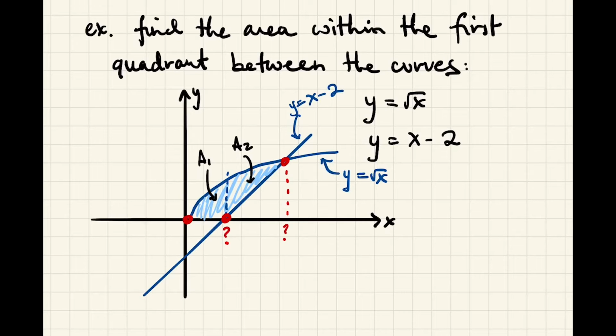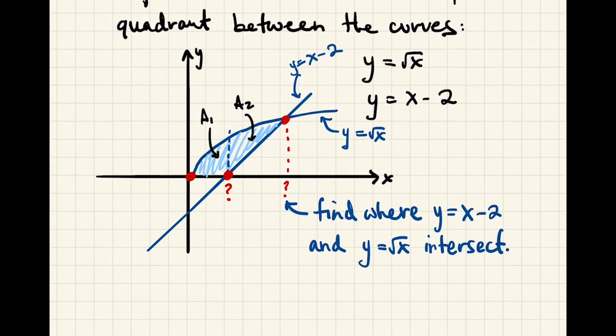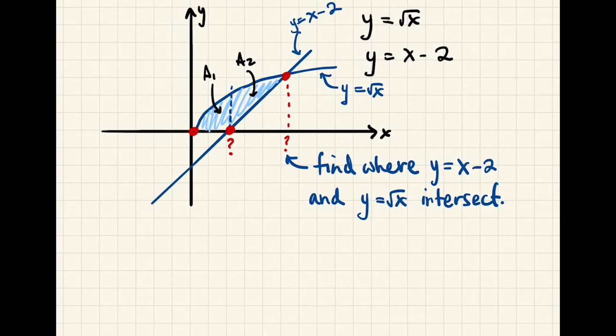All right, so let's start by finding this point right here. That is just the intersection point of the two curves that were given. So we would have x minus 2 is equal to the square root of x. And if we square both sides, then foiling the left, we would get x squared minus 4x plus 4.